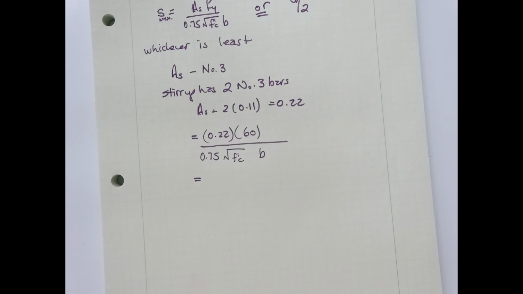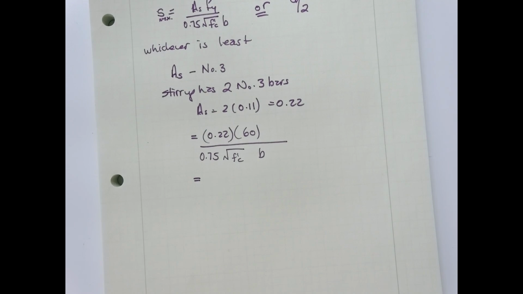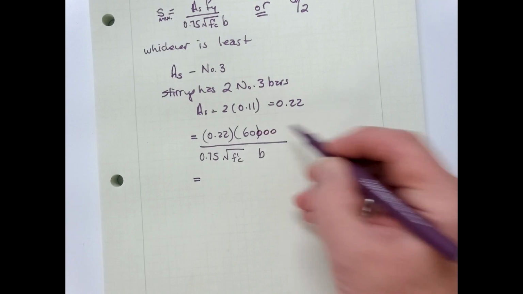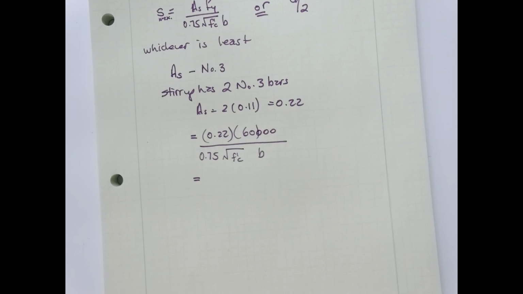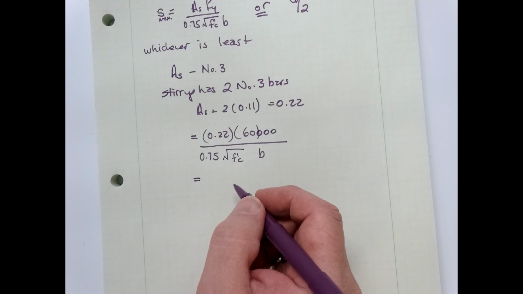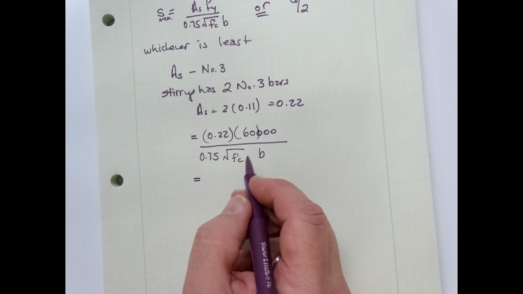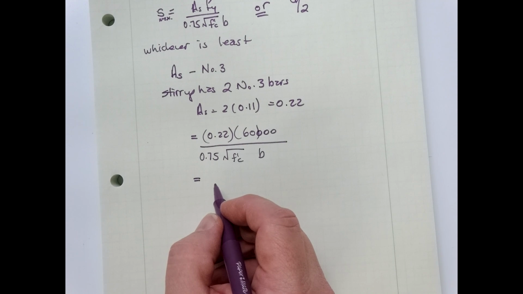What'd you get? Ooh, can't be. How about that? That's a little different, right? In this case, you have to use F sub y in PSI. 733? Can't be. 12.94.